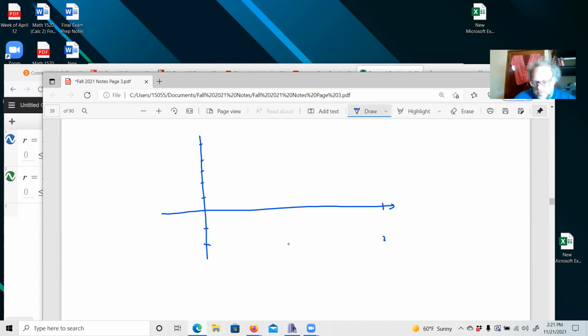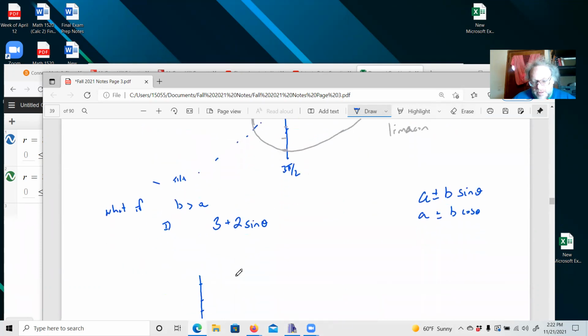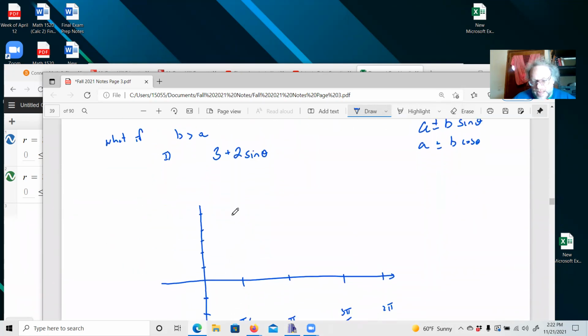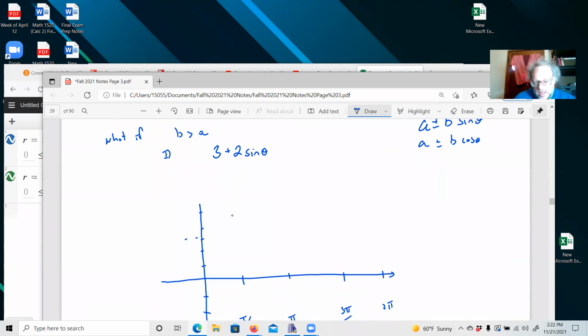We're going to go from 2 pi. Here's pi. Here's pi over 2. Here is 3 pi over 2. Now let's go ahead and sketch this in. 3 plus 2 sine theta. This 3 again is a vertical shift, so I'm going to dot in the axis I'm thinking about rather than the actual axis. All right, and then we're just going to draw our values here.